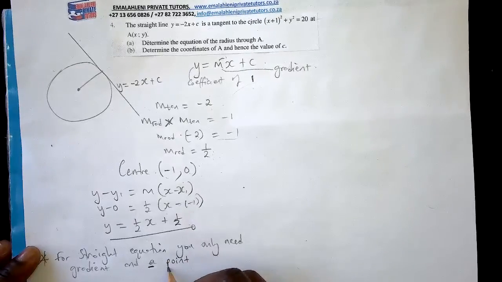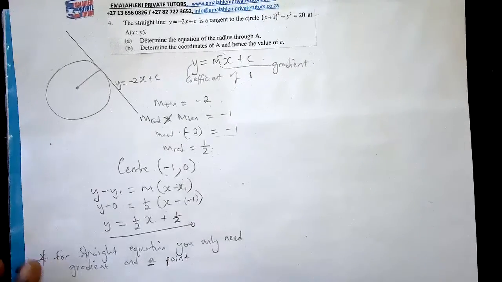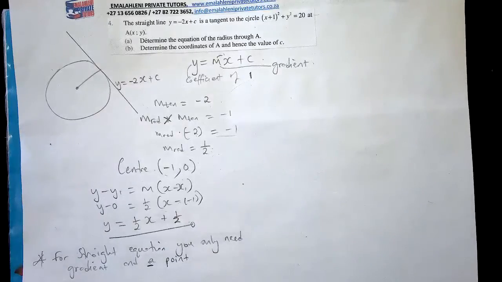A point meaning just one point only. You don't need many points. Obviously, to find your gradient you will use 2, but in this case, you will use only 1 of those points. Okay, that's what we have there.